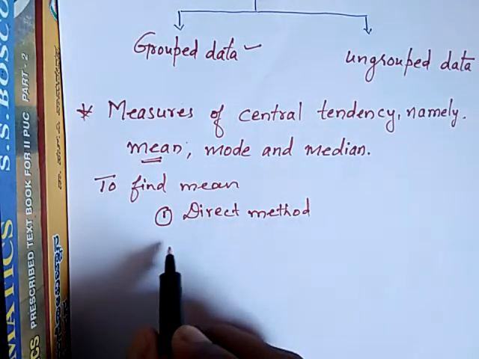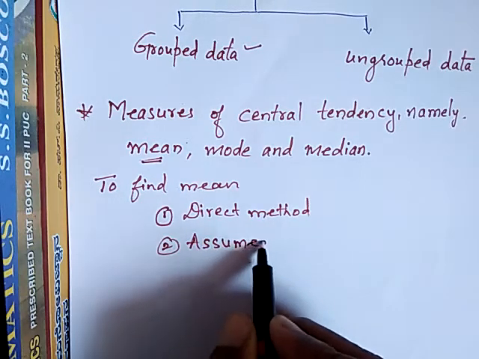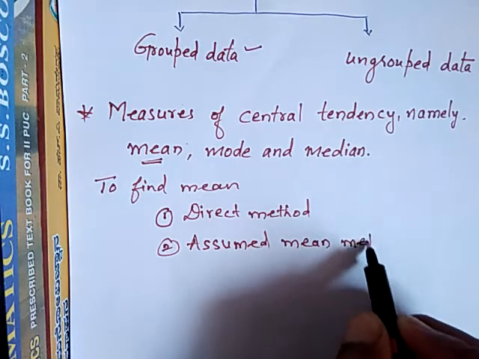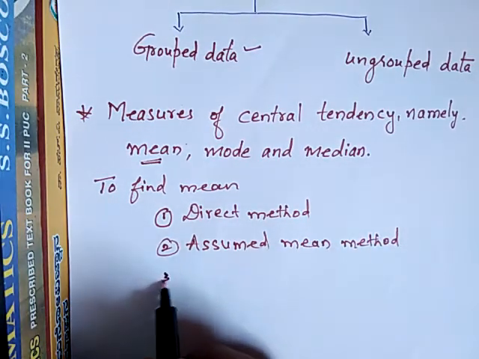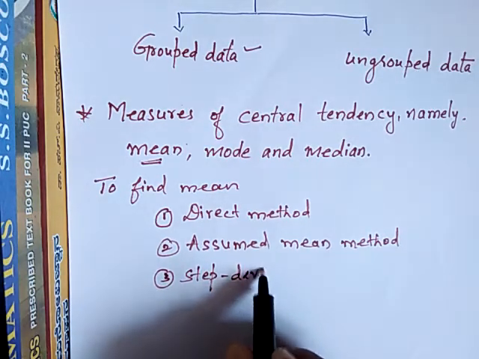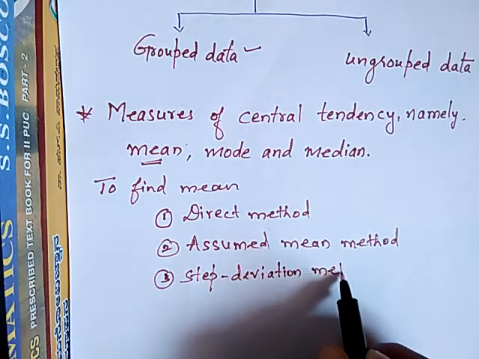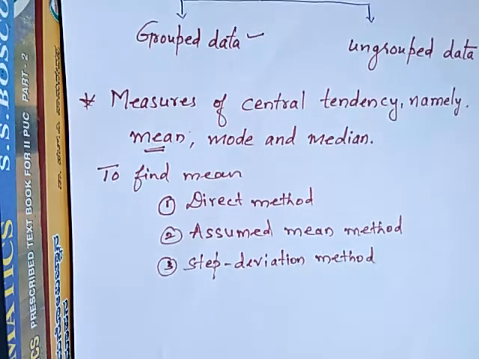Second one is the assumed mean method, or you can say the shortcut method also. And third one is the step deviation method. So one by one we will study.